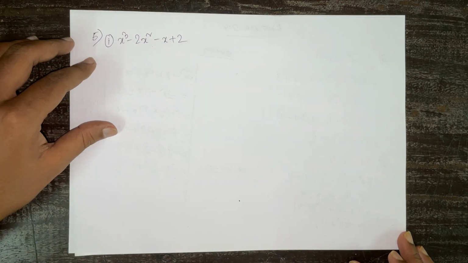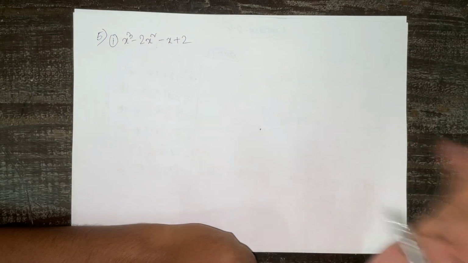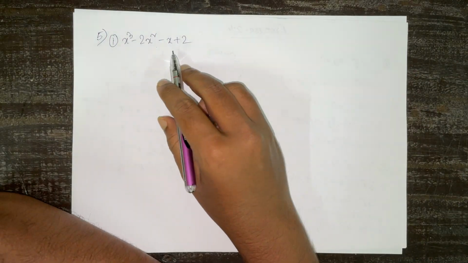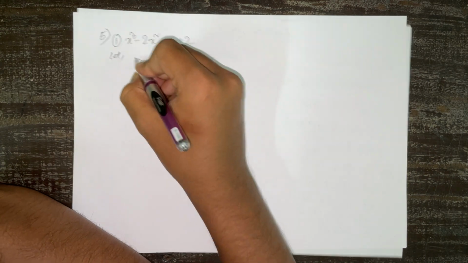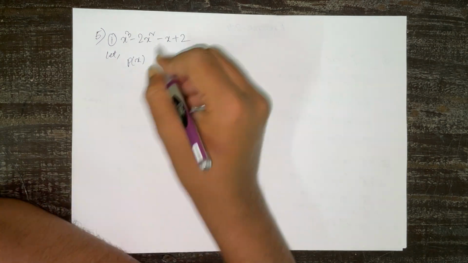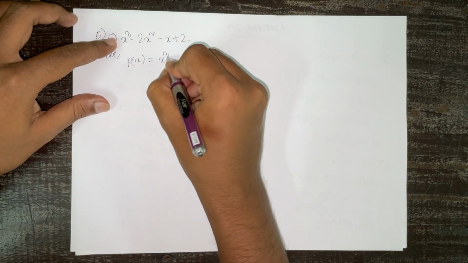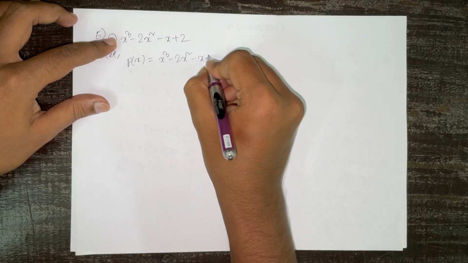Let us look into one thing. We will consider p of x to be equal to x cube minus 2x square minus x plus 2.